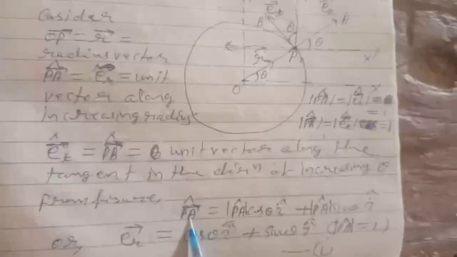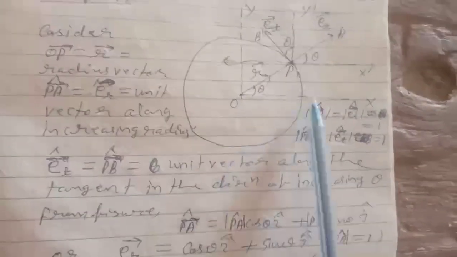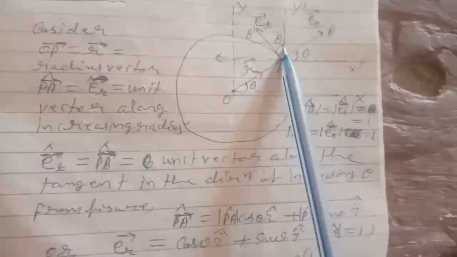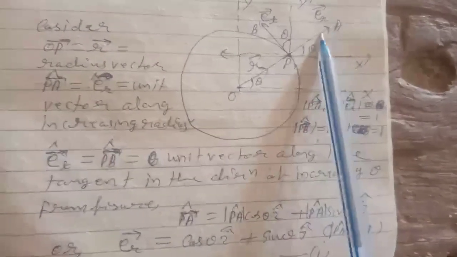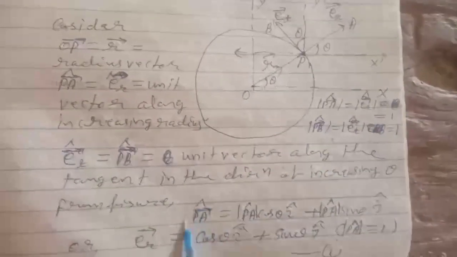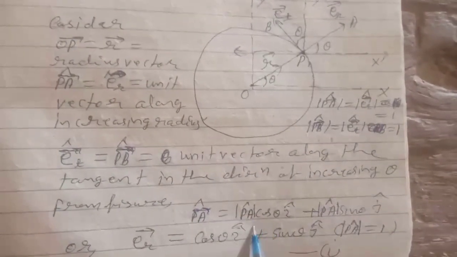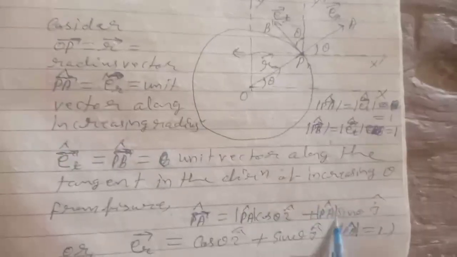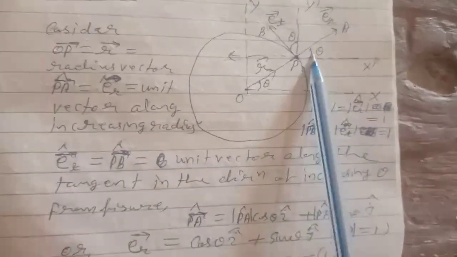From the figure, if this represents the unit vector, that is ER cap, then PA cap will be equal to mod of PA cap into cos theta i cap plus mod of PA cap into sin theta j cap, from the components.